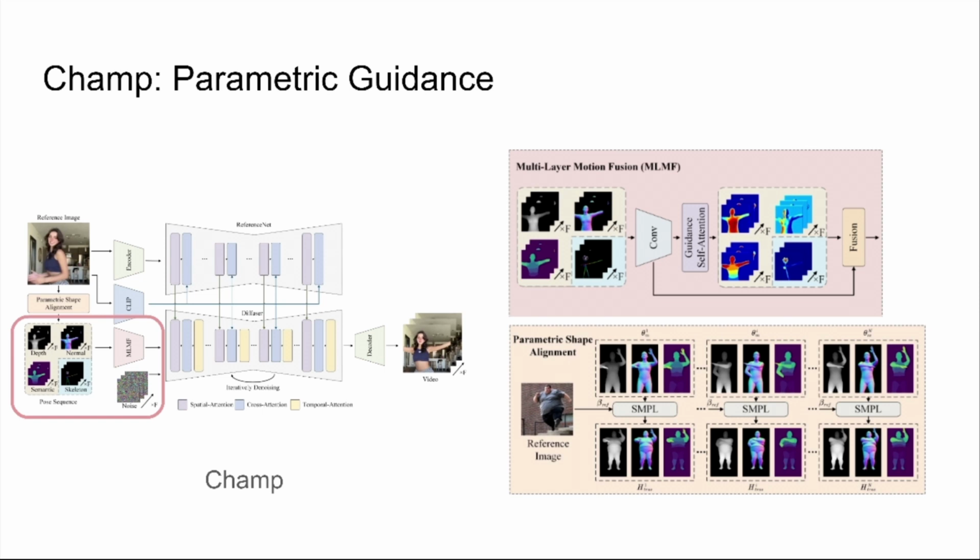So they try to fit a parametric body shape model, which is called SMPL. This is widely used in mocap, computer graphics, and animation. It is a very mature research direction, and they just use the existing algorithms to fit the SMPL model to the input reference image. For example, the rest shape or initial shape of the SMPL model is a bit slim, and then you grow it to the body shape of the input image.